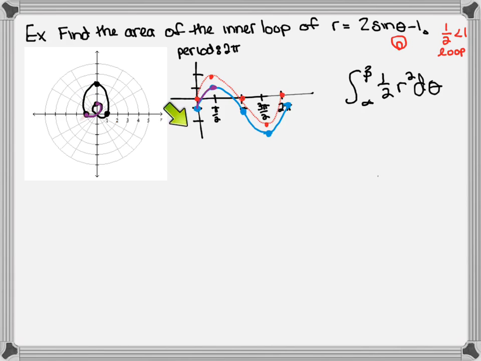Okay, so that's this part right here. If I continue, if I go from pi over 2 to pi, remember at pi I was at negative 1, so that means I'm over here. I'm going to go down there.